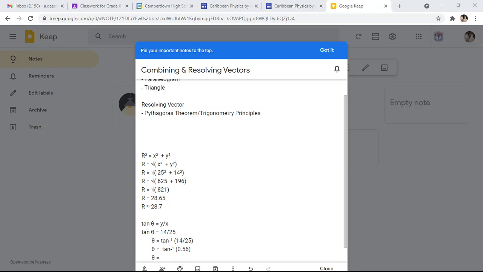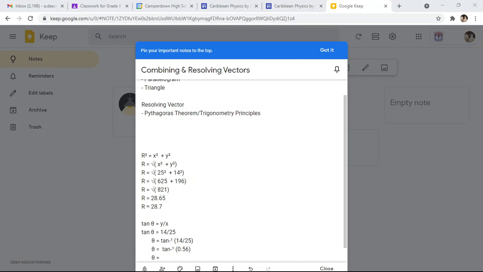I would have to do a video showing how to use it. So tan inverse of that would give me, hold on, I'm using the calculator on my computer, people, so bear with me.